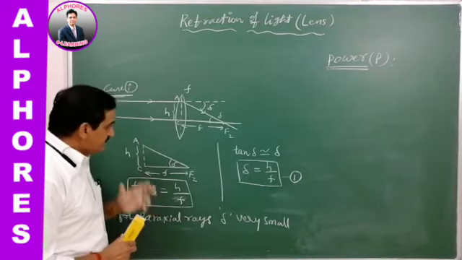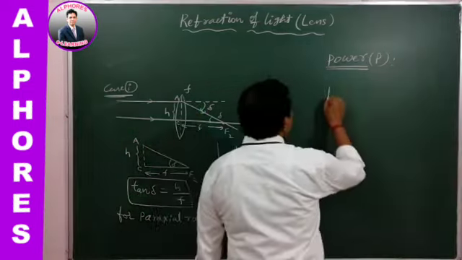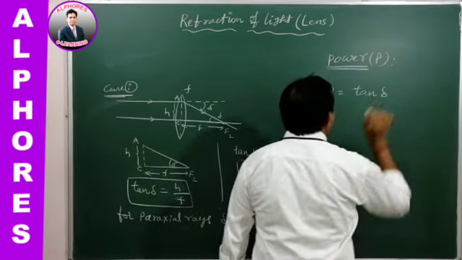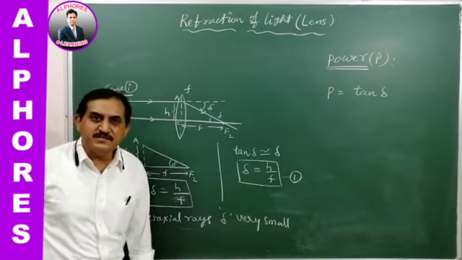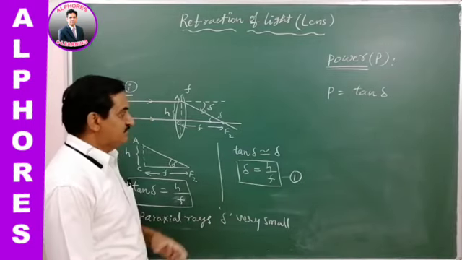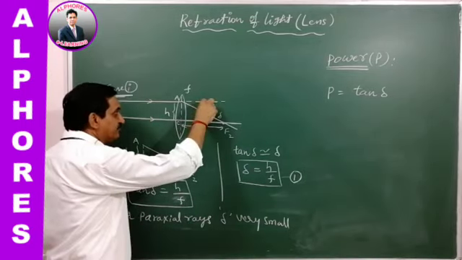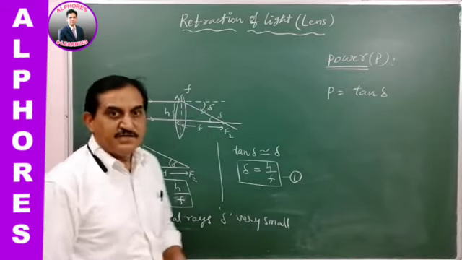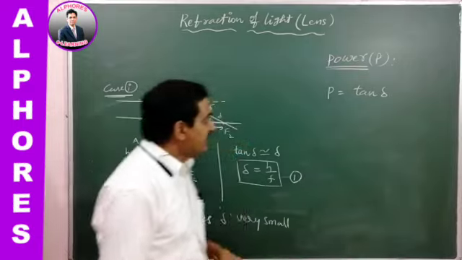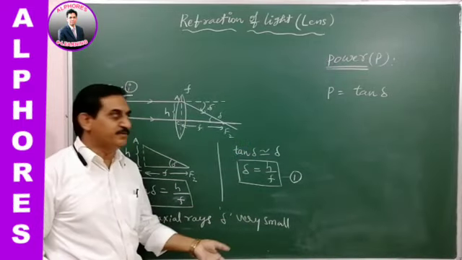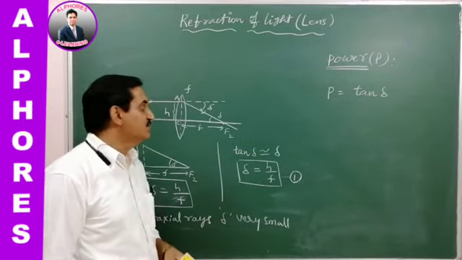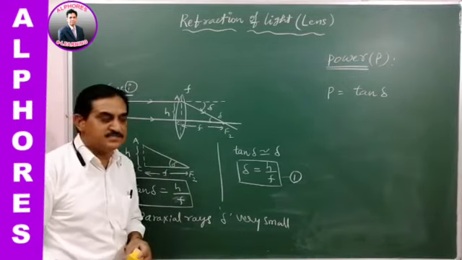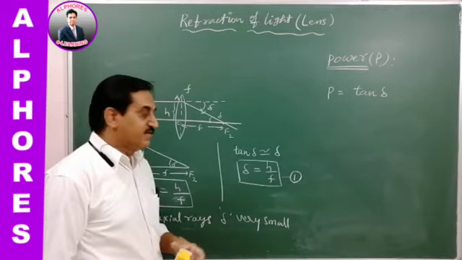Now here, power is equal to the tangent of the angle. Angle in the sense that is deviation. This much deviation takes place by which the light rays converge. Of course, whether divergence or convergence, if you consider the concave lens, then the light will diverge, but in the case of a convex lens, the light will converge.